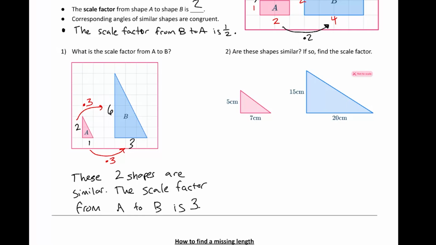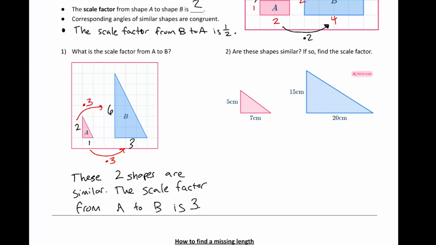That figure over to the right, those two shapes look like they could be similar. But in geometry, you never want to make any assumptions just based on what you are looking at, because these diagrams may not be drawn to scale. You never want to go based on what the picture looks like, but rather what the numbers are saying. So the question is, are they actually similar figures?